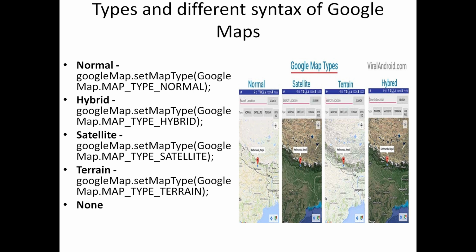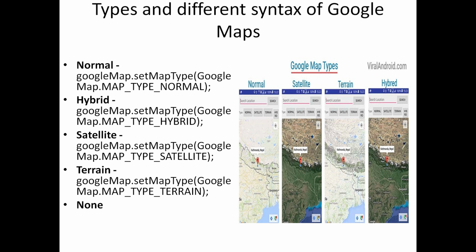So first we are going to discuss the first type of map, normal. On the screen we will be able to see the different types of Google Maps. First is normal, which typically shows all the values, and its syntax is googleMap.setMapType, with GoogleMap.MAP_TYPE_NORMAL. For the hybrid map, we use googleMap.setMapType with MAP_TYPE_HYBRID. For the satellite type, we use MAP_TYPE_SATELLITE.